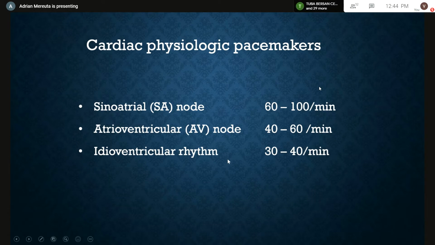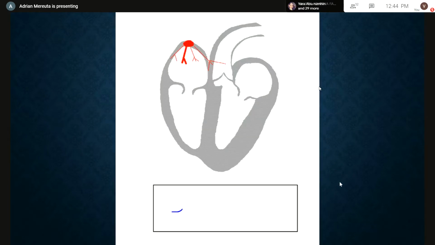This usually acts when there is a blockage between the atrium, including the atrioventricular node, and the ventricle, which will then work by themselves with this heart rate.